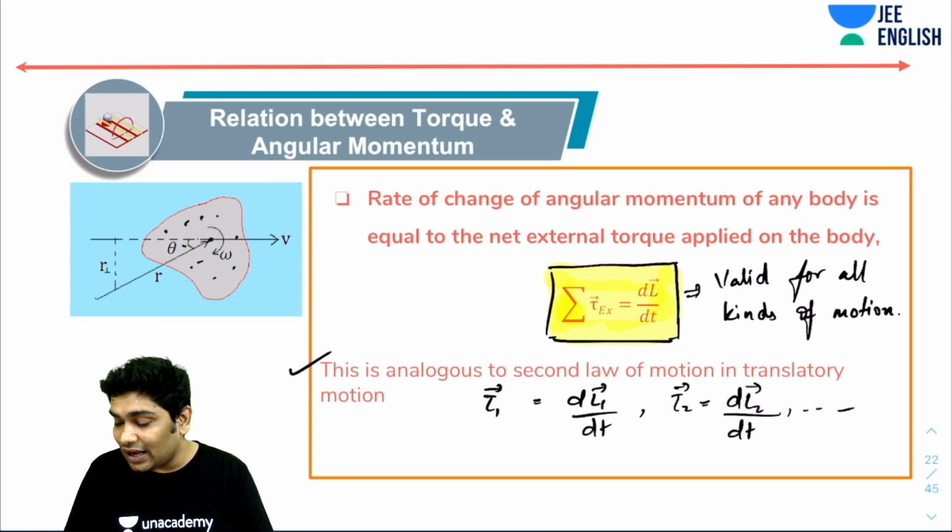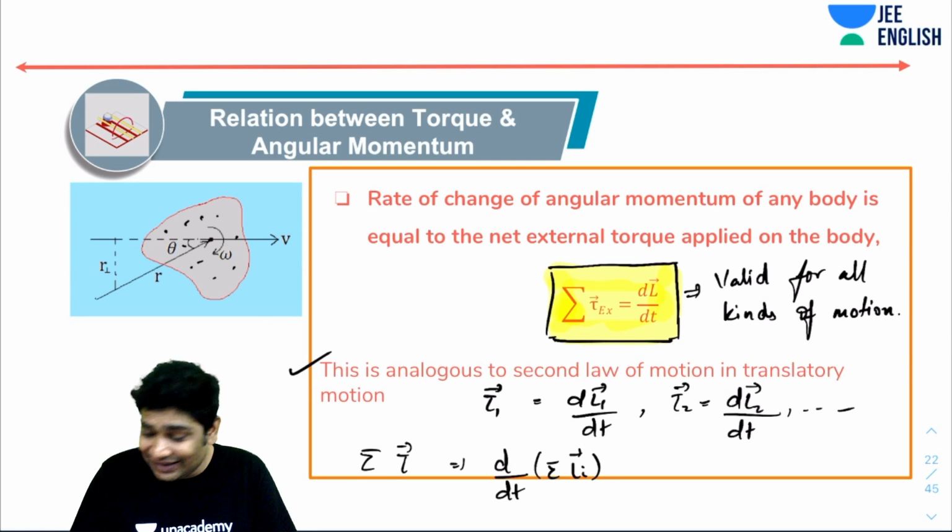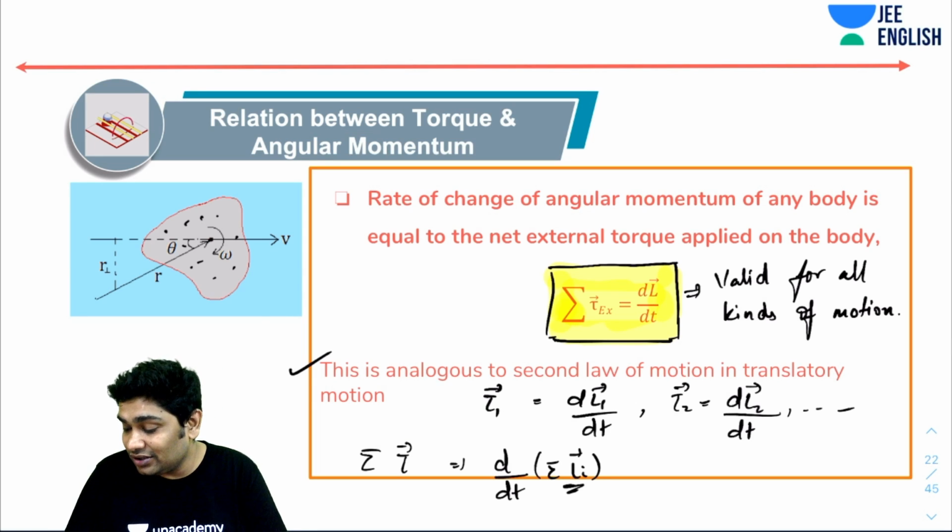If I add all such equations, then what I get is summation tau is summation of, I can write d by dt of summation Li. Okay, I hope here we are using the distributive property, and this is nothing but the angular momentum of the system, d by dt of L of system.